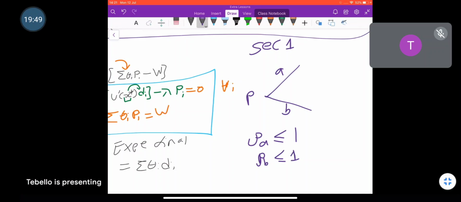But the thetas actually measure how many shares of security 1 you should buy.